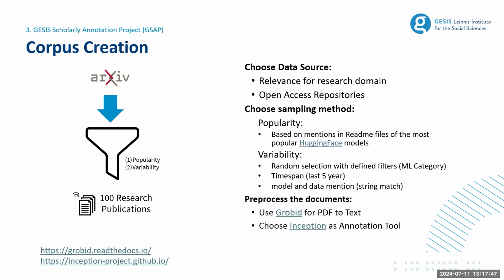So we randomly select from a given category, machine learning, from arXiv publications of the last 5 years, and additionally filter with string matching based on model and data mentions in the abstract.